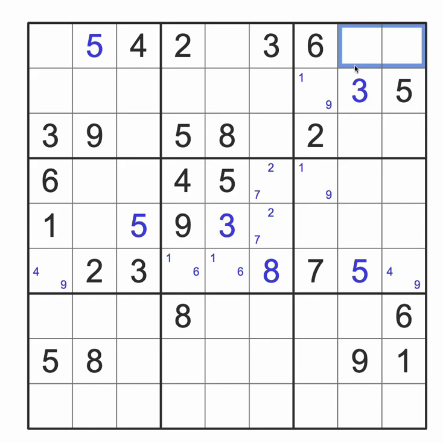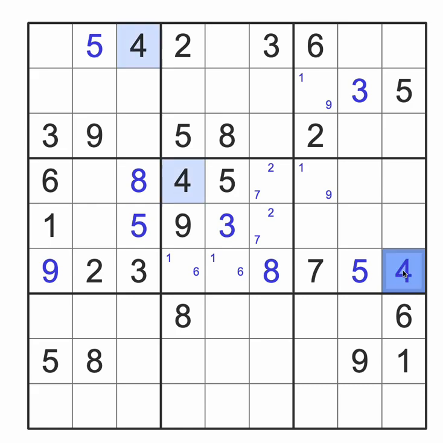Sorry, I skipped a step. I can place 8 in box 4 because this 8 blocks here, this 8 blocks here. So in box 4, 8 will be here, and this 9 blocks these, so 9 comes in here.